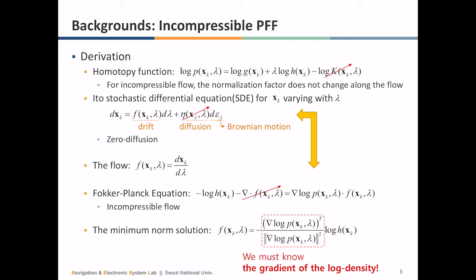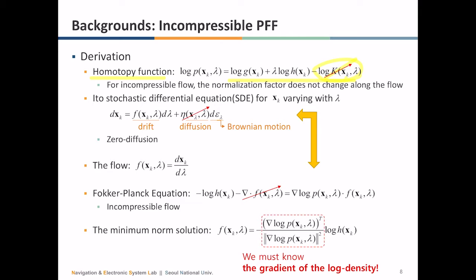First, let's briefly derive the incompressible particle flow filtering, PFF. As mentioned earlier, the log homotopy function for Bayesian update is as follows. Here, due to the assumption of incompressible flow, the normalization term does not change with lambda, so the term can be neglected.